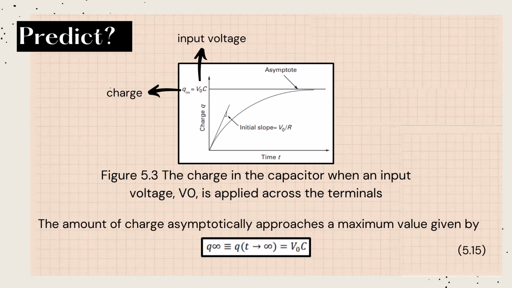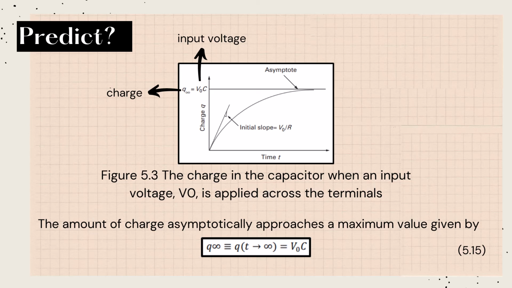Figure 5.3 graphs the charge in the capacitor when an input voltage V0 is applied across the terminals shown in figure 5.2. The amount of charge does not increase to infinity.